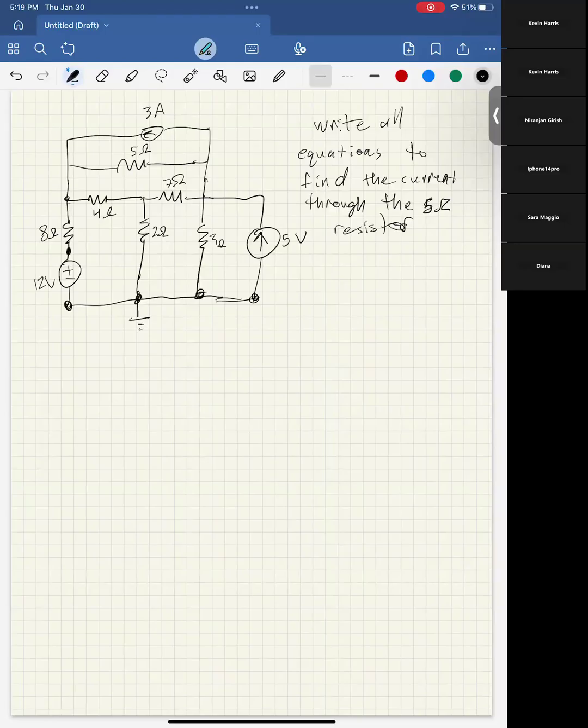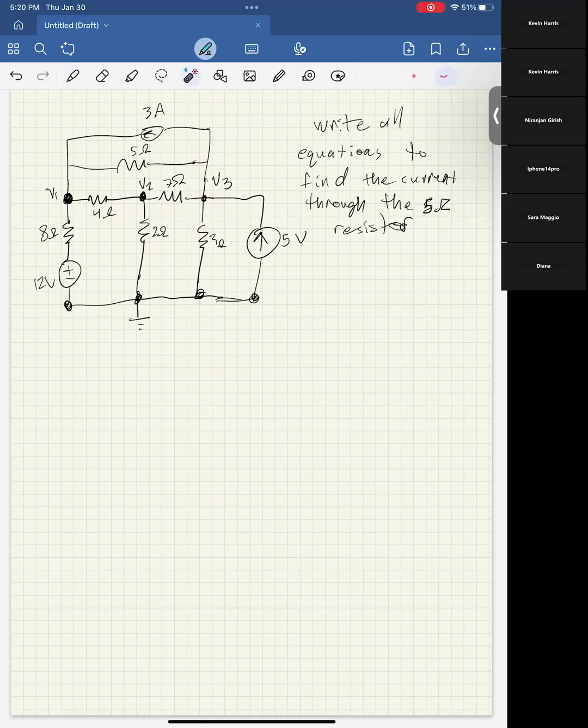Here there's only two things meeting, so we don't care about that point. But here there's one, two, three, four things meeting. Here there's one, two, three things meeting, and here there's one, two, three, four things meeting. So we're going to define those three as nodes. This can be our V1, this can be our V2, and this can be our V3.